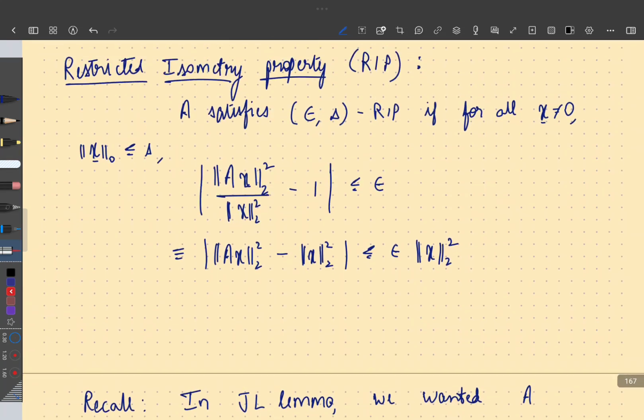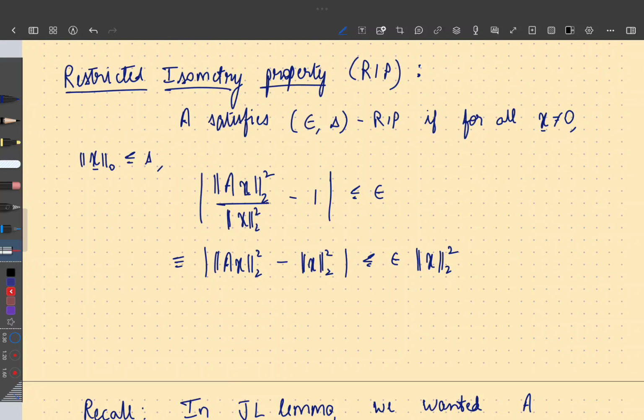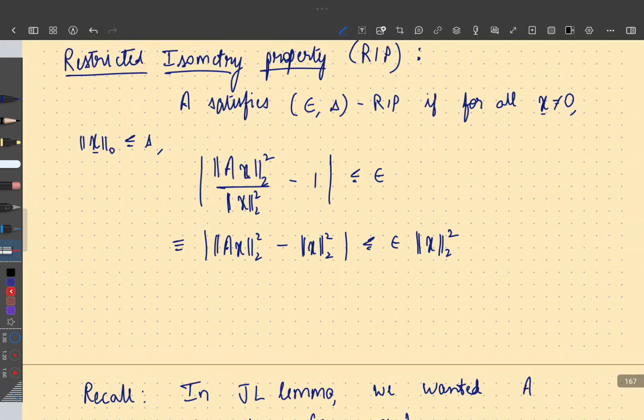In contrast, over here we could use something similar, except that there's a little bit of a problem. Here we want this to be true for all S sparse vectors, which are infinite in number, so we can't just take a simple union bound over vectors.